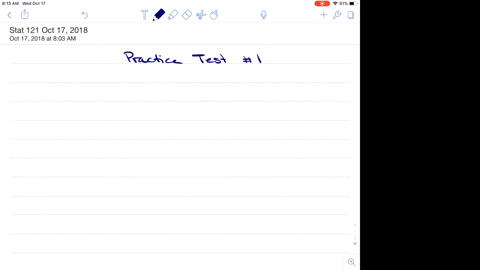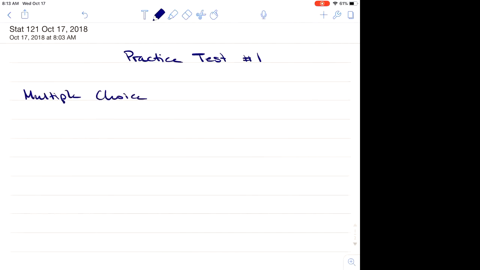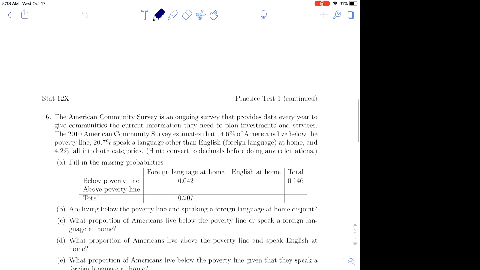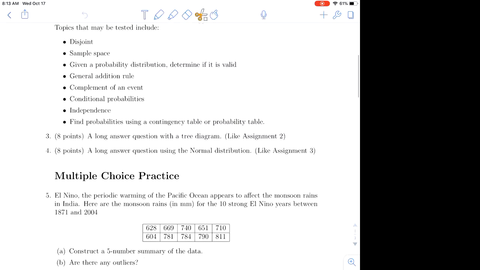So the multiple choice practice. I'll steal it from here. You've got it in front of you.